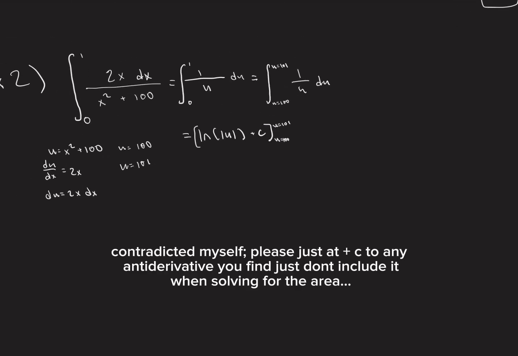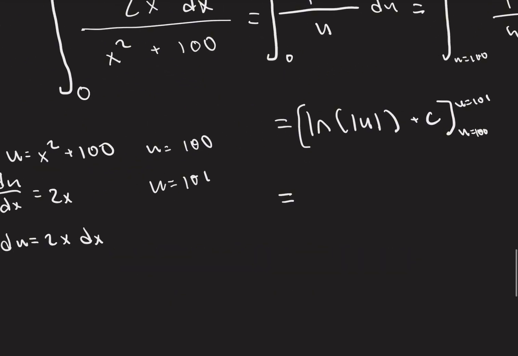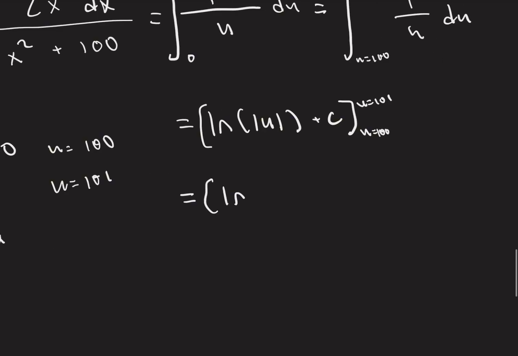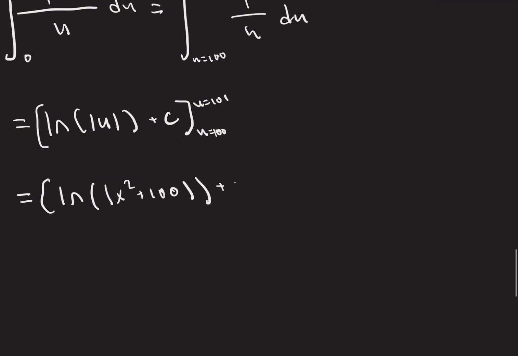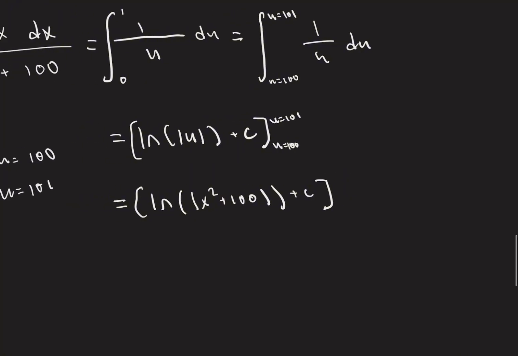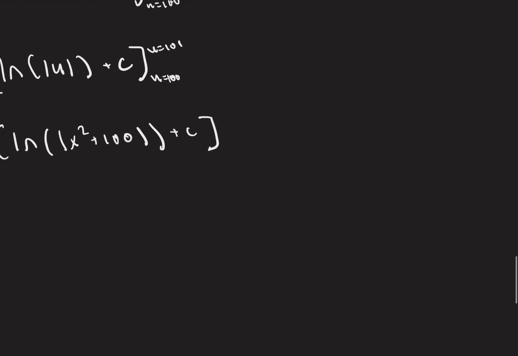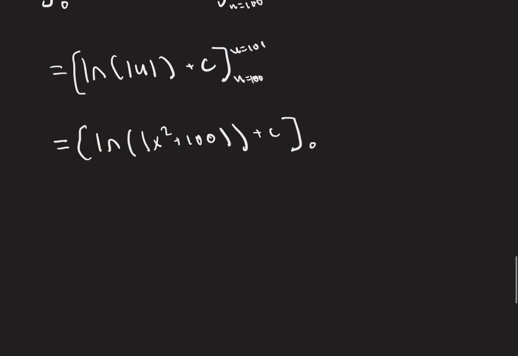Now you're going to re-plug x squared plus 100, remember, u equals x squared plus 100. Because we replugged the original function back into the antiderivative, your points change back to 0 and 1.